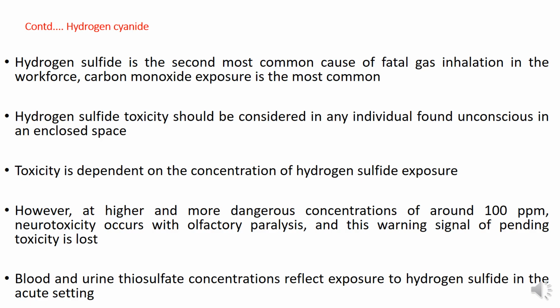However, with higher concentrations, olfactory nerve paralysis will occur, and a false belief arises that the environment is safe because of the olfactory nerve paralysis. There are lots of interesting points and I am not going to describe each and every one, but the fatality and clinical features definitely depend on the concentration.